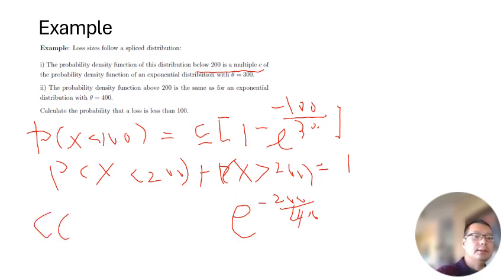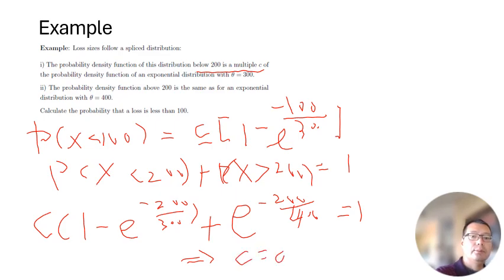This part is C times (1 minus e^(-200/300)), where theta is 300. We add these two together and set them equal to 1. From here, we get C equal to 0.0807.